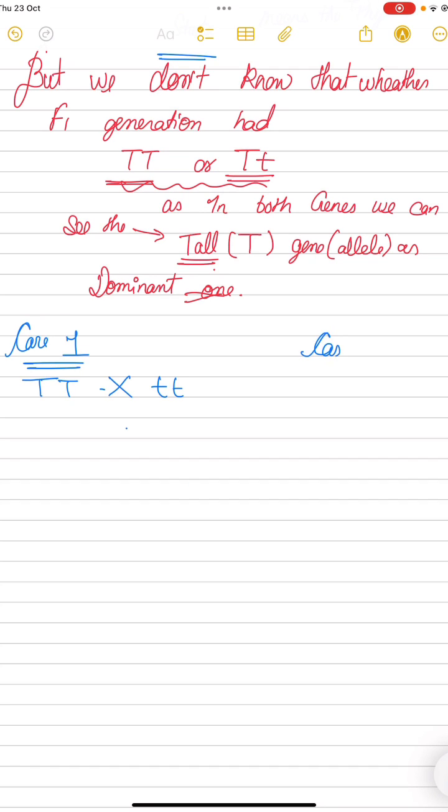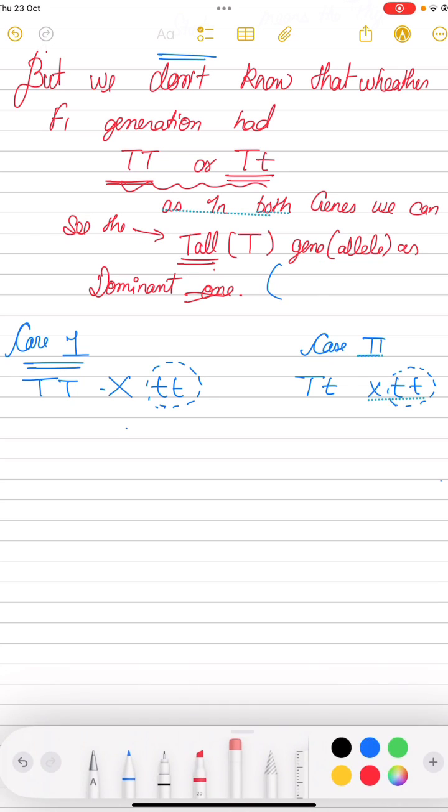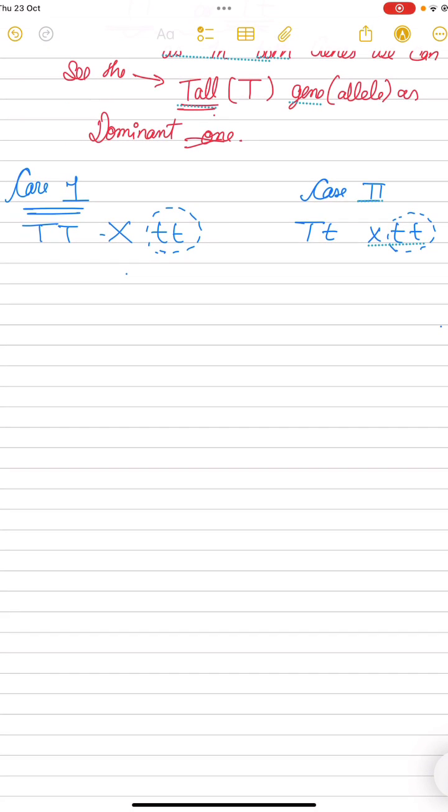So we have to consider both cases, taking one side as big T big T and the other as big T small t, and cross each with the recessive parent. The test cross is when we cross these imaginary genotypes with the recessive one.